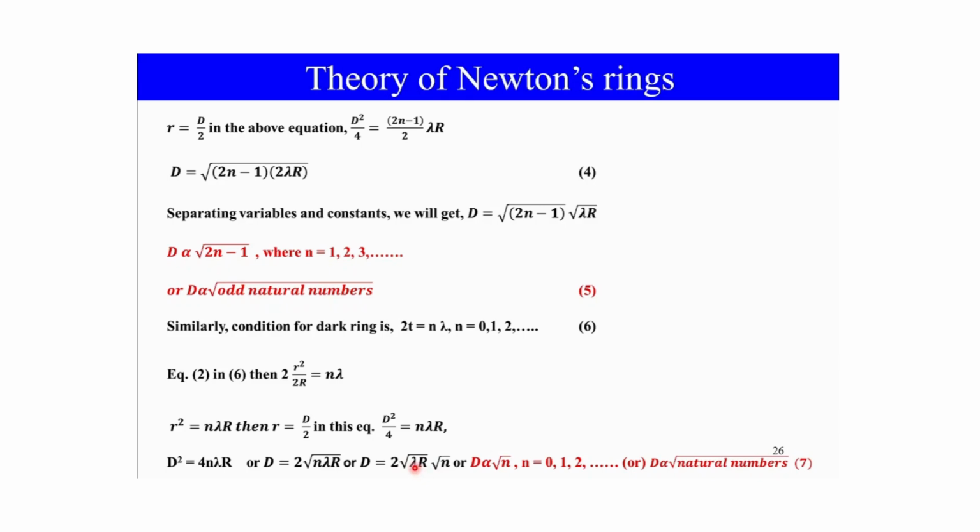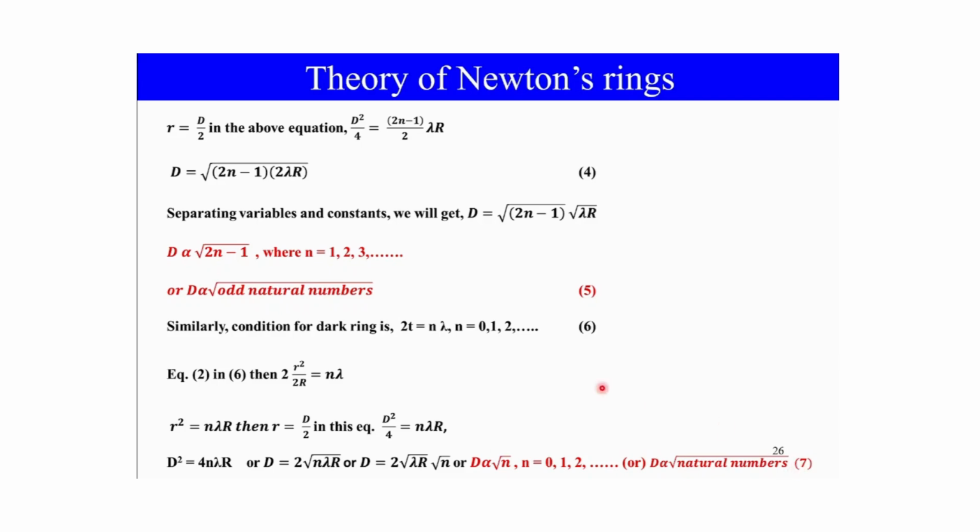Lambda is the wavelength of the light source and R is the radius of curvature of the lens. These two are the constants. This equation can be written as d proportional to root n, where n is equal to 0, 1, 2, 3 and so on.